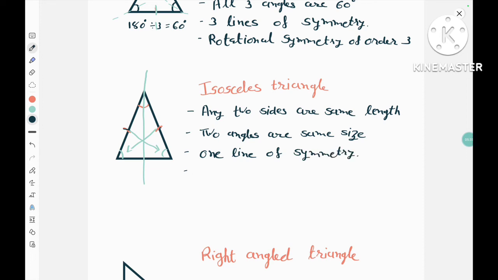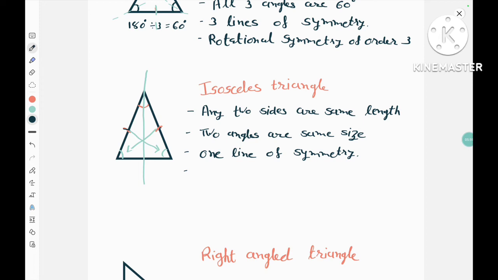Okay. Remember that there is no triangle which has two lines of symmetry. Equilateral triangle has three lines of symmetry. Isosceles triangle has one line of symmetry. There is no triangle which has two lines of symmetry. That is not possible. It is impossible.